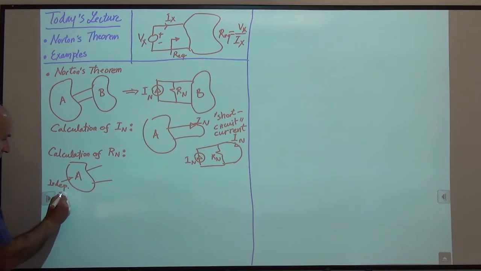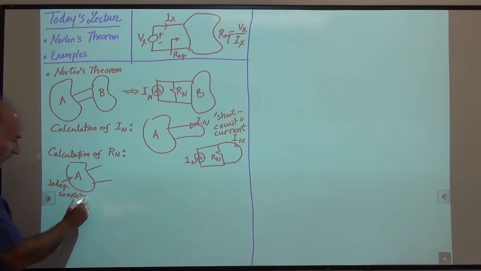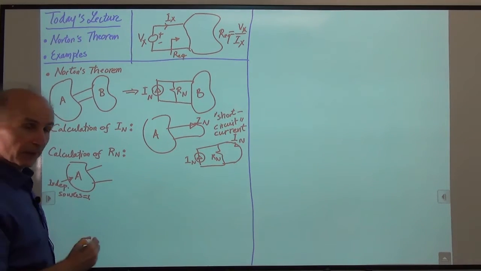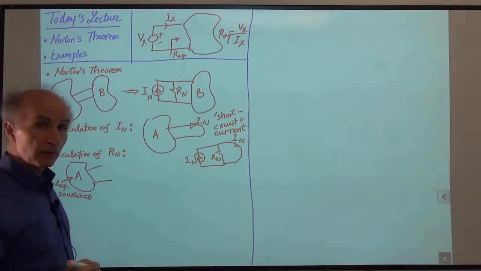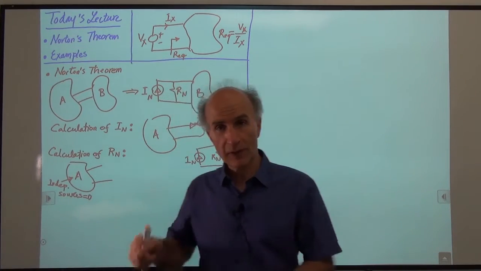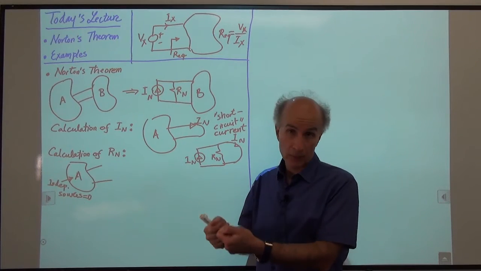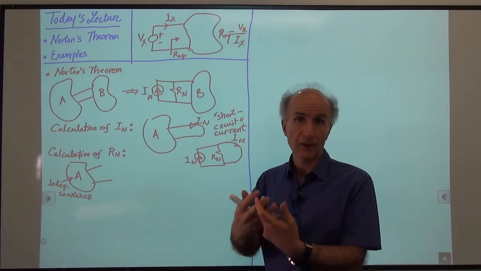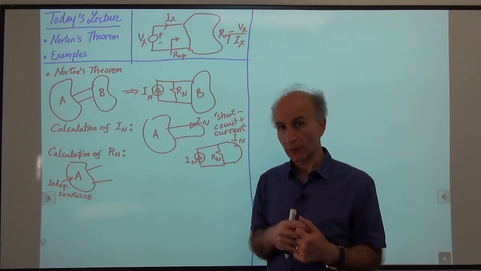And once we're done with that, we go ahead and find the resistance between those two wires. That's what would be RT, the Thevenin resistance that we had before.